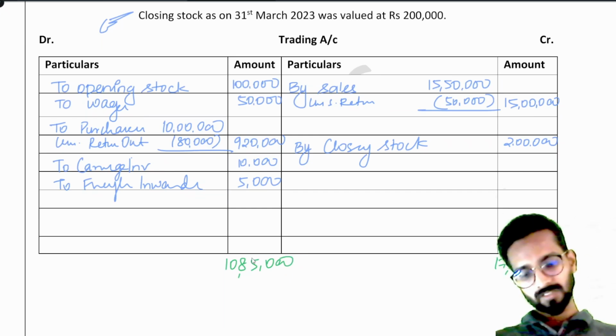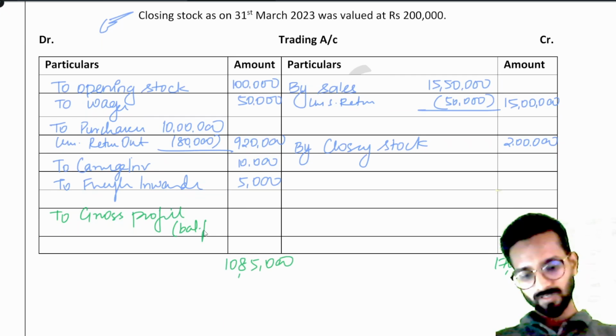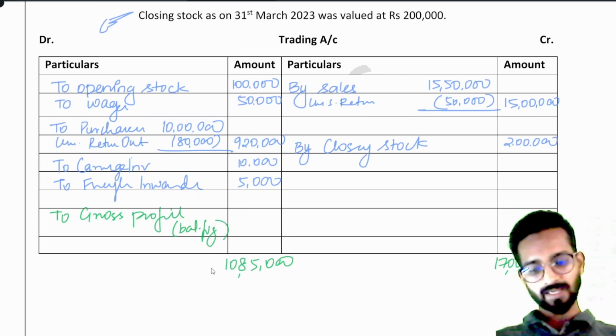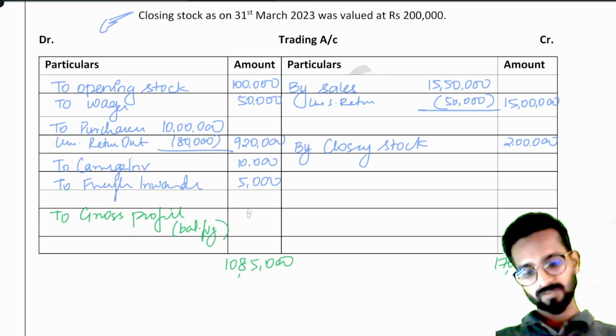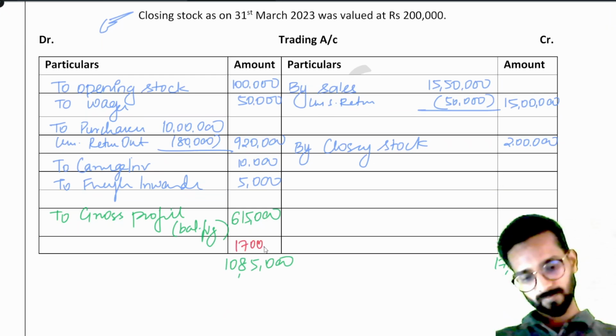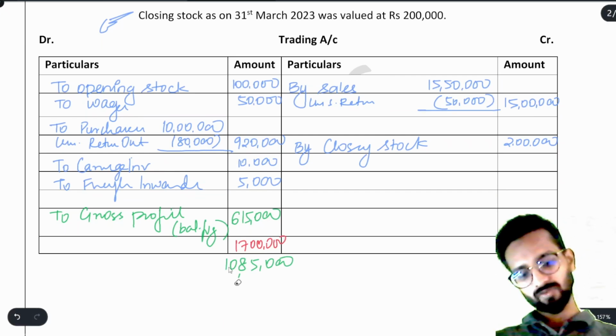So obviously we will get here a balancing figure as gross profit. Gross profit is our balancing figure. 17 lakh minus 10 lakh 85,000 is 6 lakh 15,000. Understood? And the total on both sides we will write 17 lakh and 17 lakh. Very easy. Trading account is very easy.